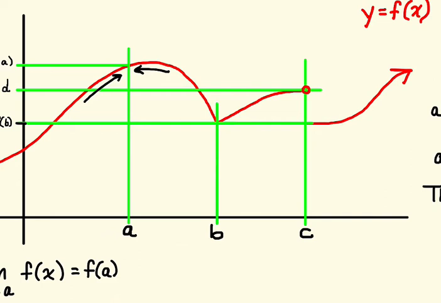Now let's look at the limit as x approaches b for f of x. Well, the limit as x approaches b for f of x, it approaches a height of f of b or f of c. Okay?